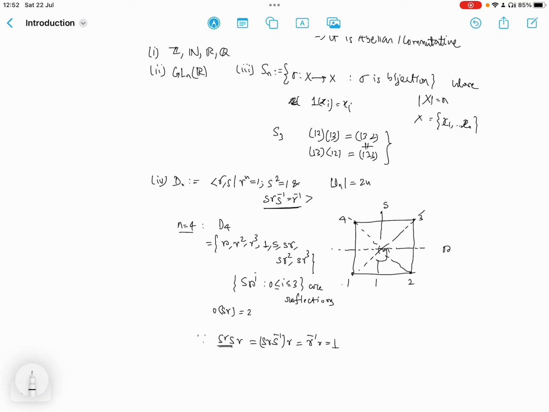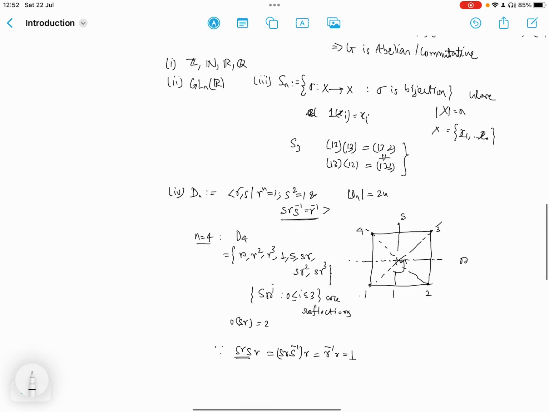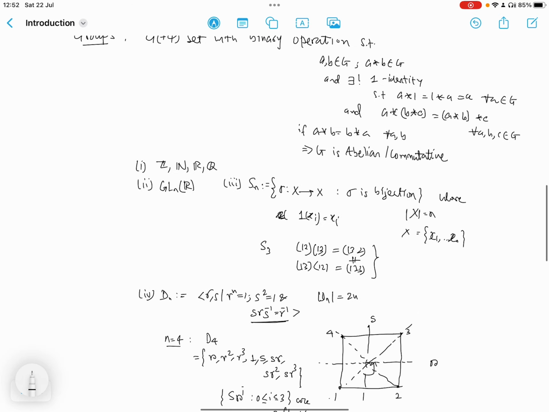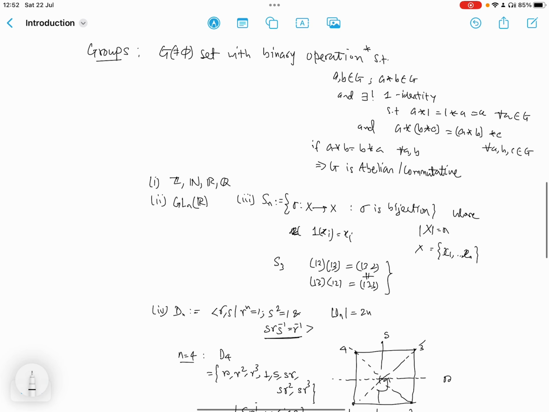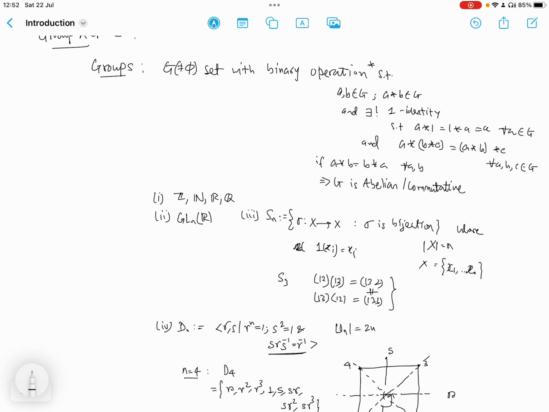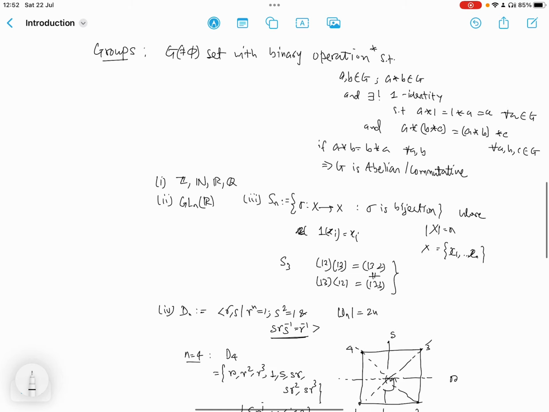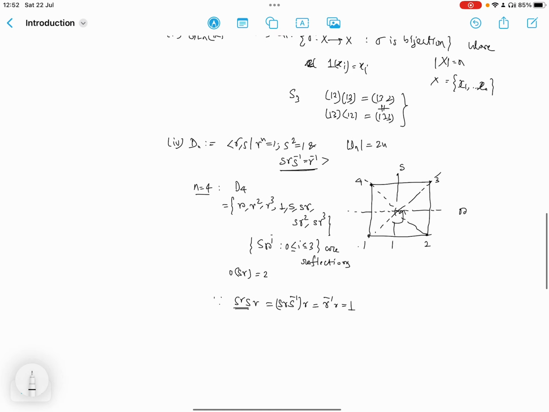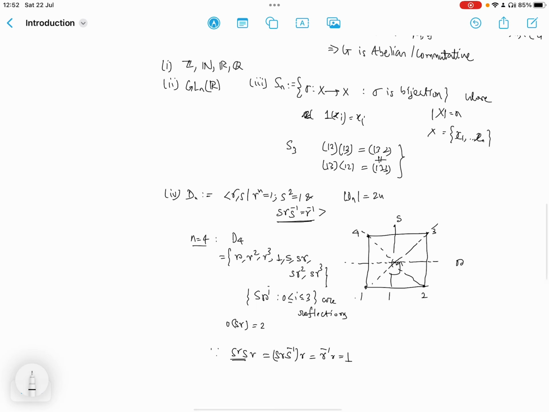So that's pretty much it for some examples that we need. And this group is also non-commutative. It can be easily seen.